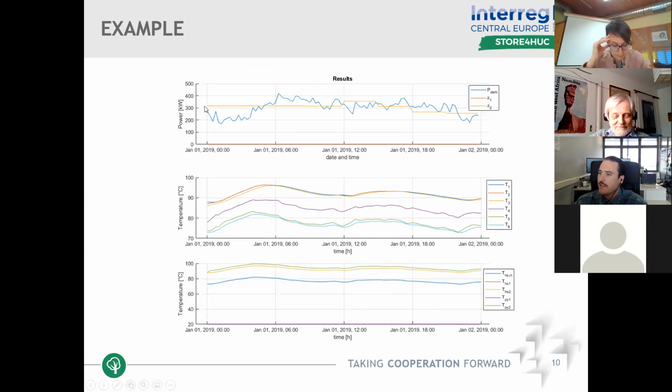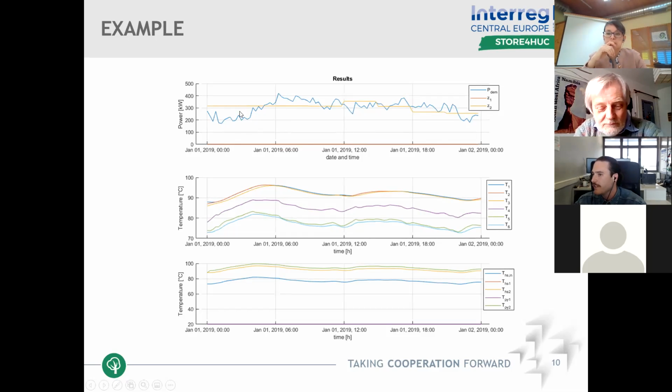So I put in this profile to have 8 different values. The power doesn't change much during the day, so it's grouped. The boiler 1 is completely shut down, as this power demand can be fulfilled with just the second boiler. And as you see, it doesn't change much during the day.